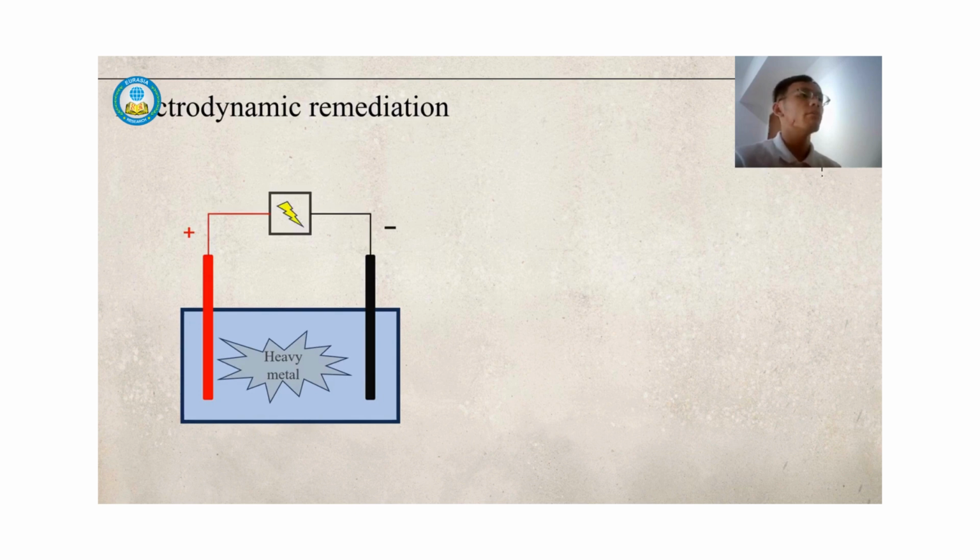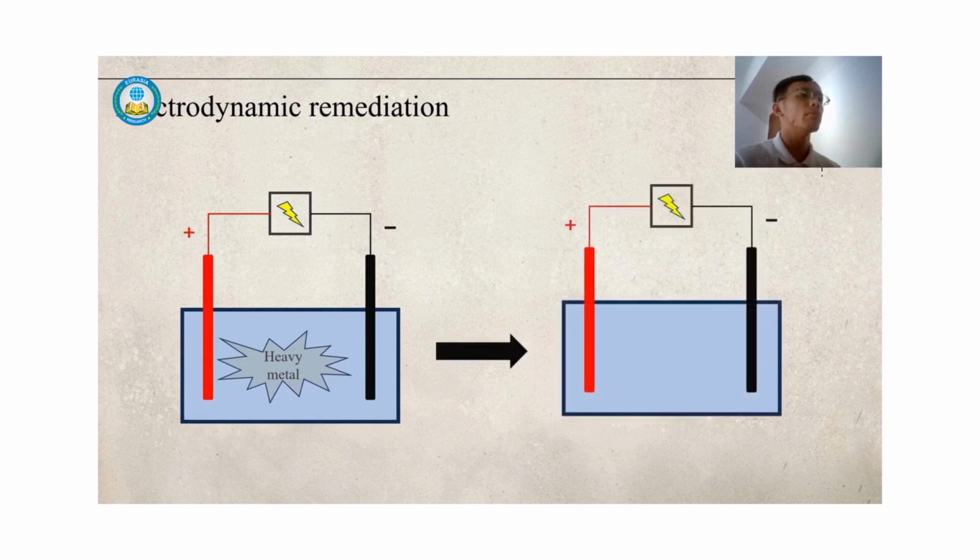Because most heavy metals carry a positive charge, after a while, positively charged heavy metal ions will move toward the cathode and attach to the cathode plate, achieving the effect of removing heavy metal from soil.